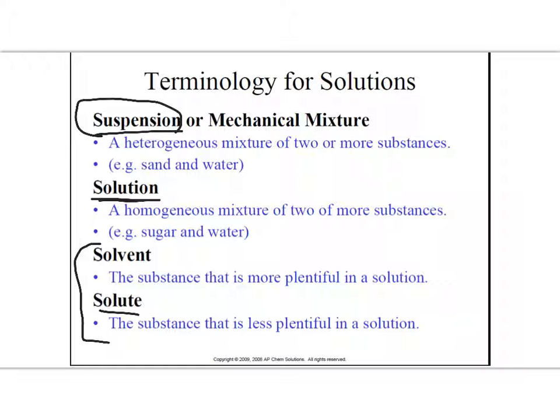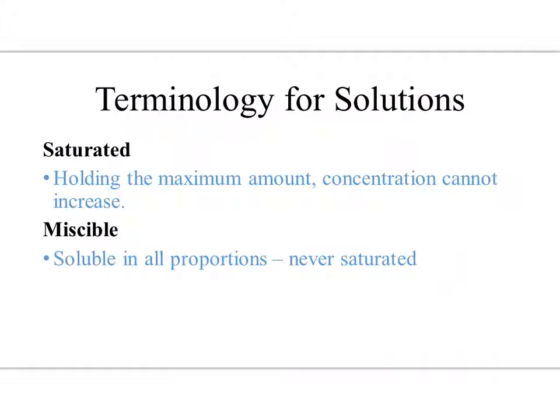So to give you an example, as you're writing this stuff down, the solvent many times is water, right? And the solute might be something like some salt that we're dissolving in that water. So if you need to pause right now so you can write down this information, go ahead and do that. We'll continue on after that.